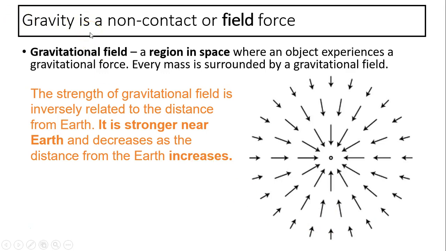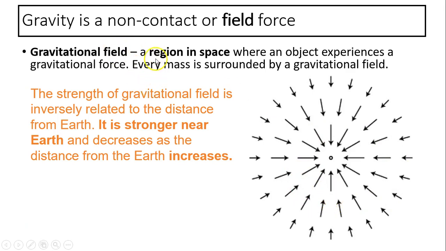Gravity is a non-contact force or field force. So how do we know gravity? Why does the Earth exert a force on any object that's not in contact with it? That is because the Earth exerts a field around it, and this field has an effect on anything that has mass.